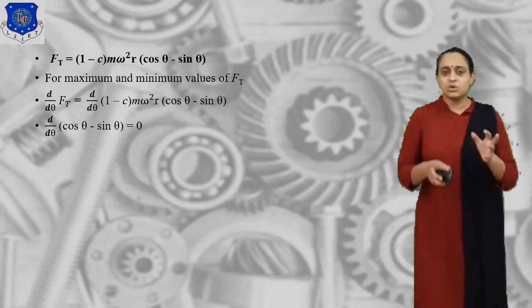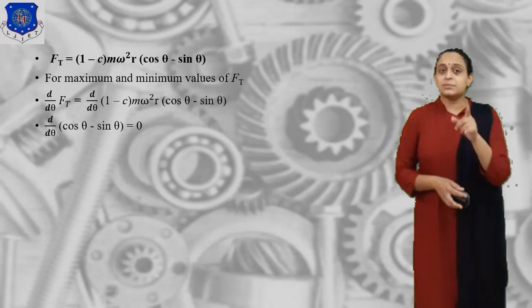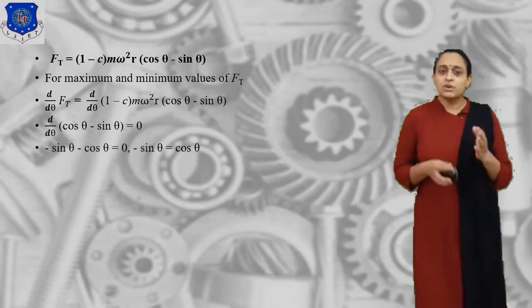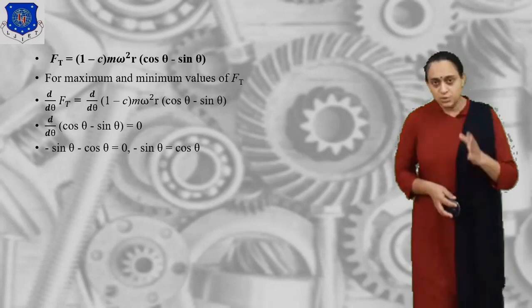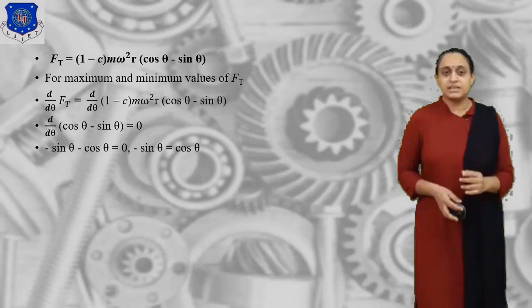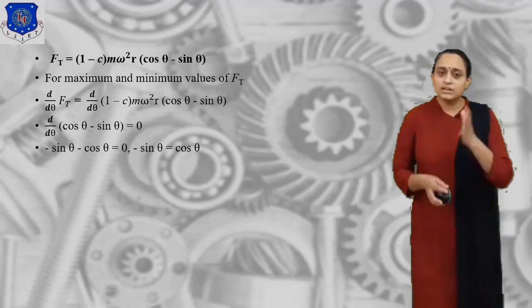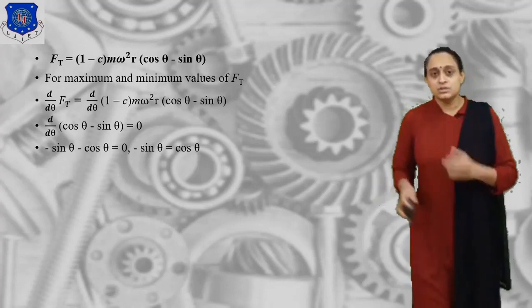So let us solve this equation. d by d theta of (cos theta minus sin theta) is equal to 0 for getting the maximum and minimum values. Here, d by d theta of cos theta is minus sin theta. Now d by d theta of sin theta is cos theta. So let us put in the values: minus sin theta minus cos theta is equal to 0.